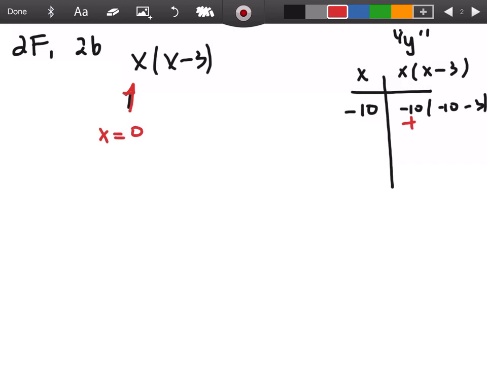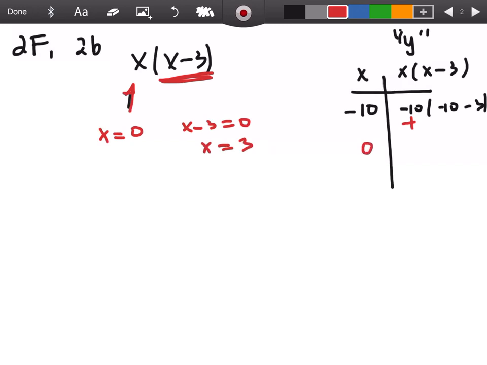It doesn't matter what's inside the parentheses, because 0 times anything is 0. That's one. For the other one, you just set that quantity equal to 0 and solve for x. That tells you x is 3, and of course, 3 minus 3 is 0. So when x is 3, that quantity becomes 0, and once again, who cares what's outside of it? It's all going to go to 0. So I have my two zeros.